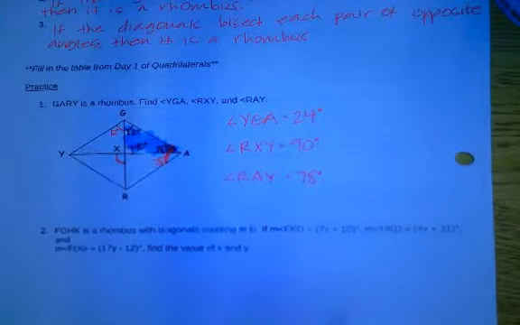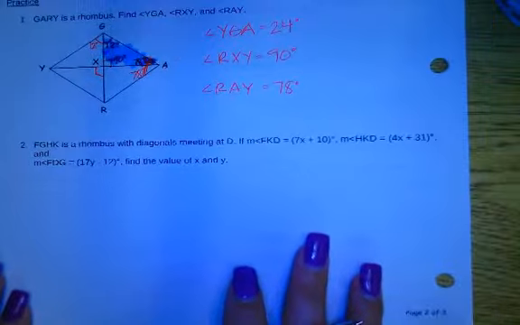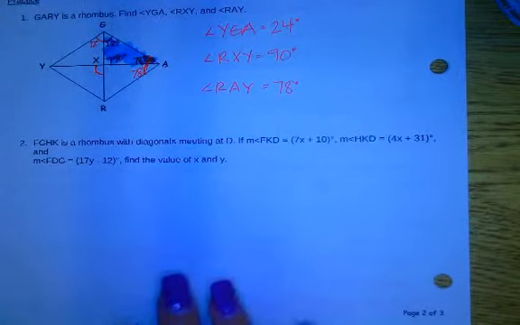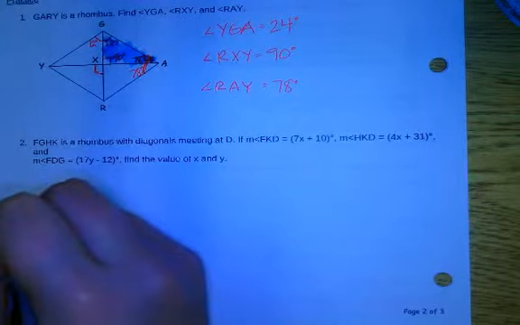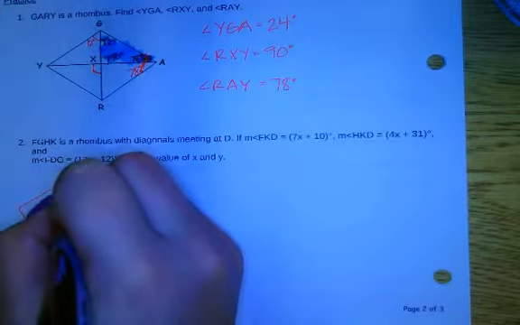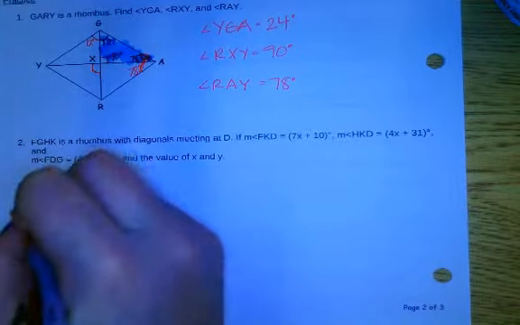Alright, number 2. FGHK is a rhombus with diagonals meeting at D. So draw a rhombus. All your sides are congruent.